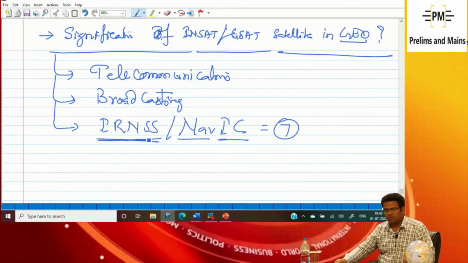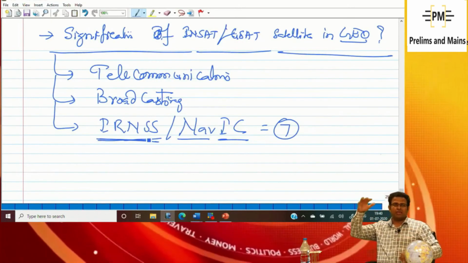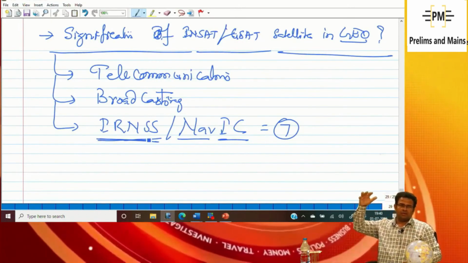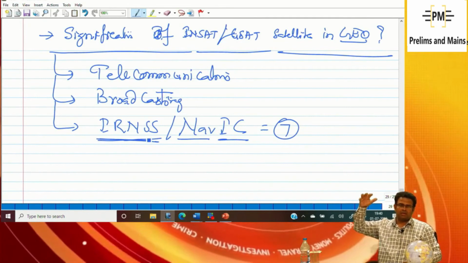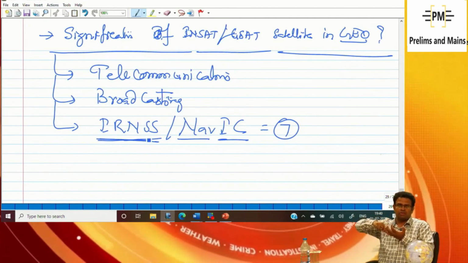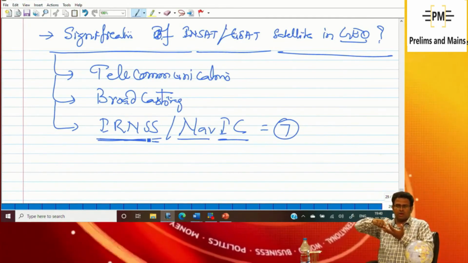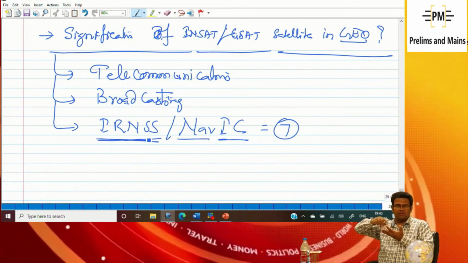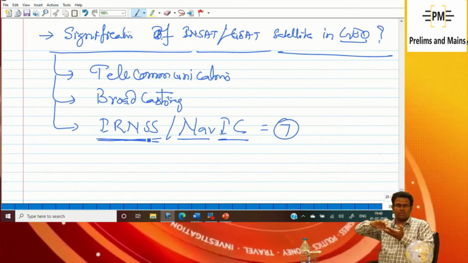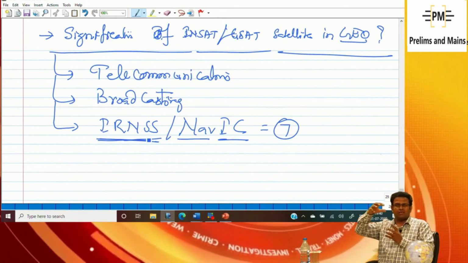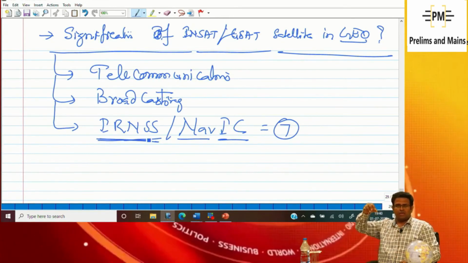Perhaps you can also come to know that if it is at a higher height, it will give better navigation: our position, our latitude, our longitude, our height. In navigation you get latitude, longitude, height and time, and at what time I am here.